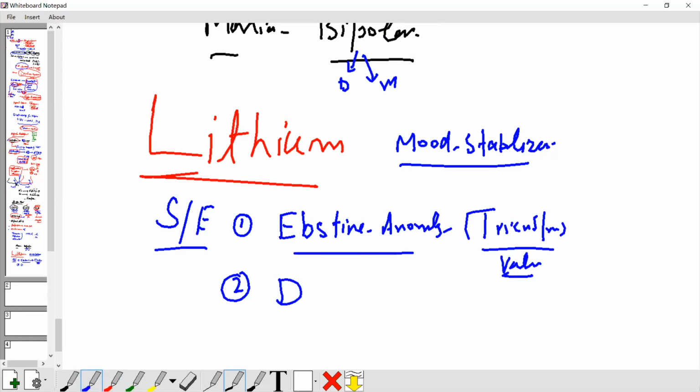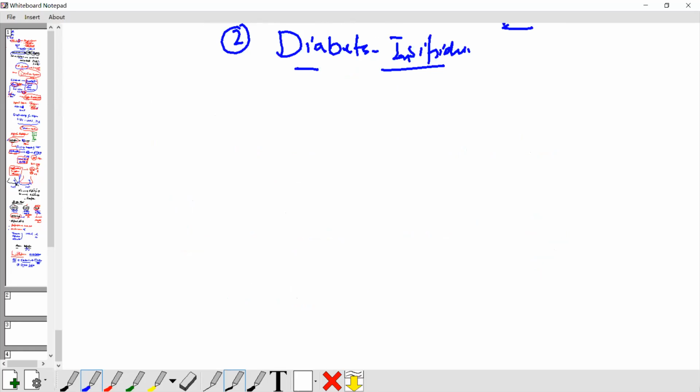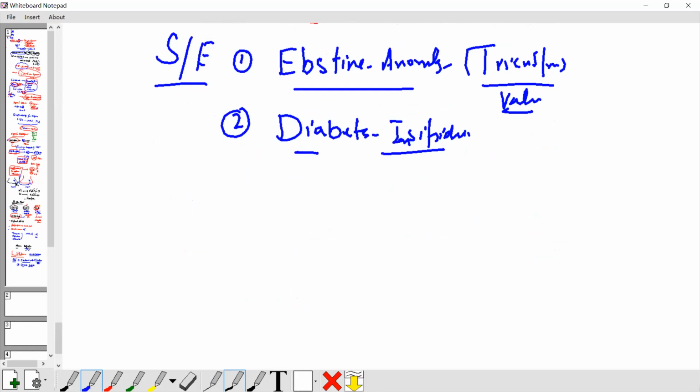Lithium does not allow ADH to work properly. Diabetes insipidus. Okay, nephrogenic diabetes insipidus. It works like anti-ADH. This person using lithium has polyuria, a lot of urine.